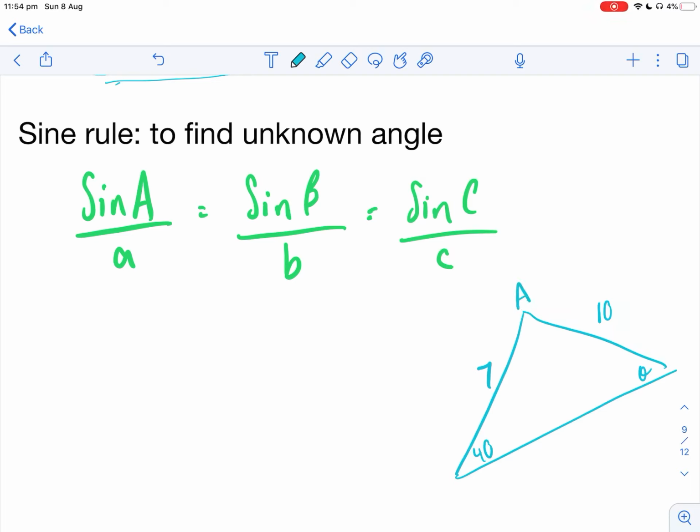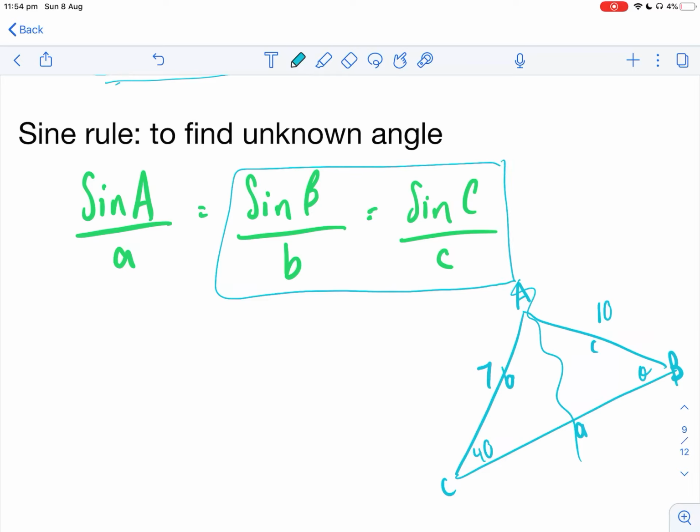This one is lowercase b, which means this is capital B, and c and capital C. I don't have anything to do with A, so I'd be using sine B over b equals sine C over c. So again, I'd just fill in my values.